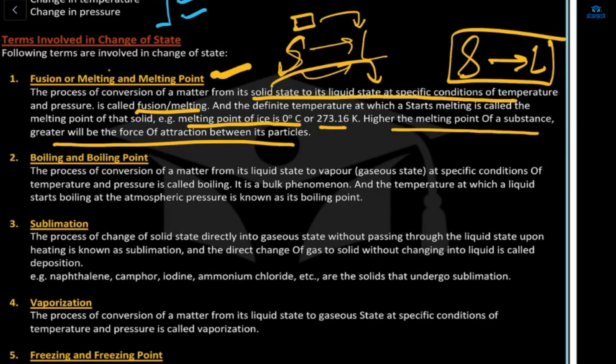Now boiling point. The process of conversion of a matter from a liquid state to vapor state at a specific condition of temperature and pressure is called boiling. What does boiling mean? Boiling basically starts at 100 degrees Celsius.